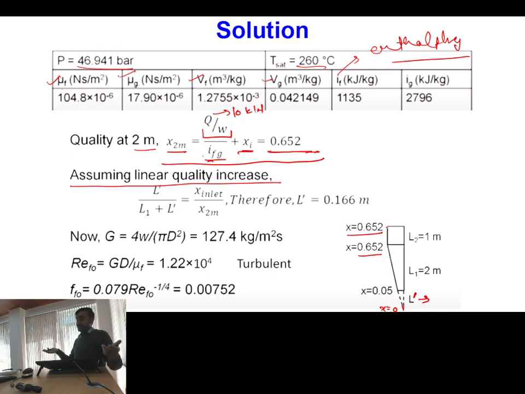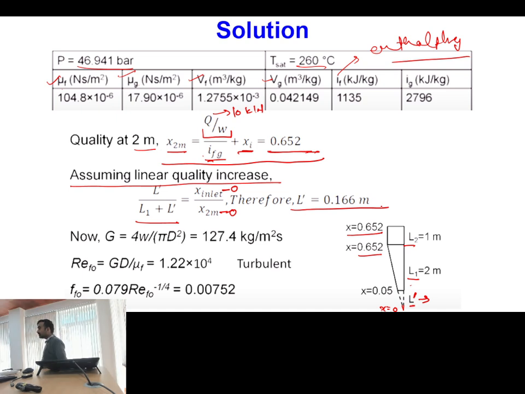The linear assumption gives that the length ratio, L dash over L1 plus L dash, where L1 is the 2 meter portion, should equal the ratio of changes in quality. In the L dash portion, the change in quality is x inlet minus 0. In the L1 plus L dash portion, the change in quality is x at 2 meters minus 0. I know x inlet and x at 2 meters, so this gives the value of the extrapolated length, which is 0.166 meters.